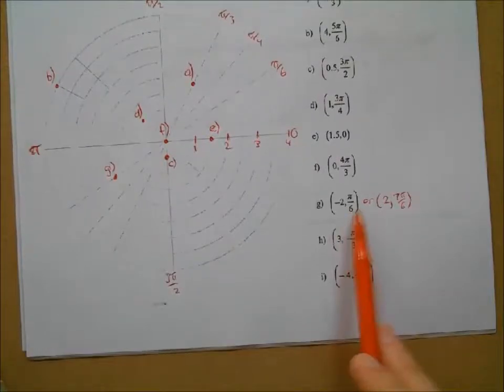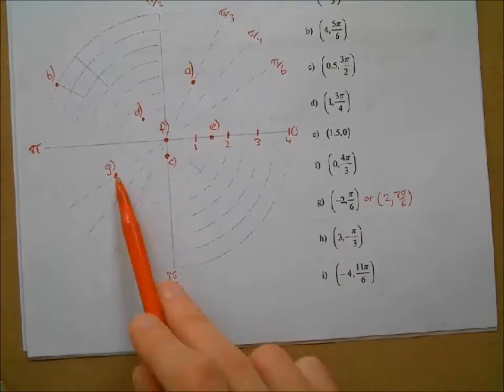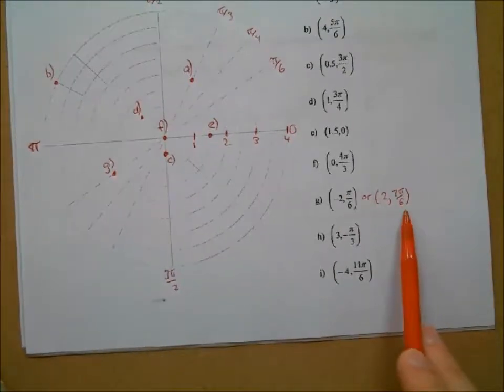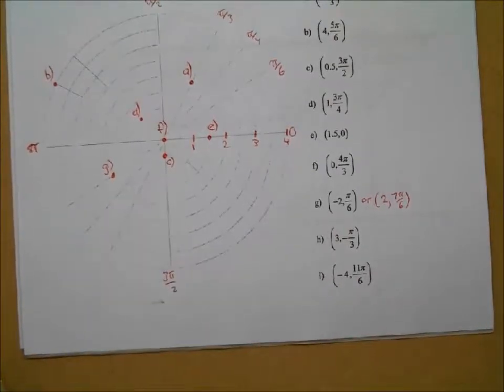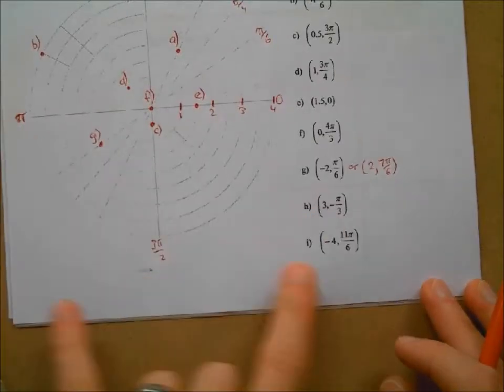I could add 2 pi to pi over 6, and I'd still end up in the same location. Or I could add 2 pi to 7 pi over 6, and I can still end up in the same location. So every point, every coordinate in the polar system has an infinite number of ways to describe it. Whereas again, in the rectangular system, every point only has one way to describe it. One unique set of coordinates. Okay. Anyway, moving on here.